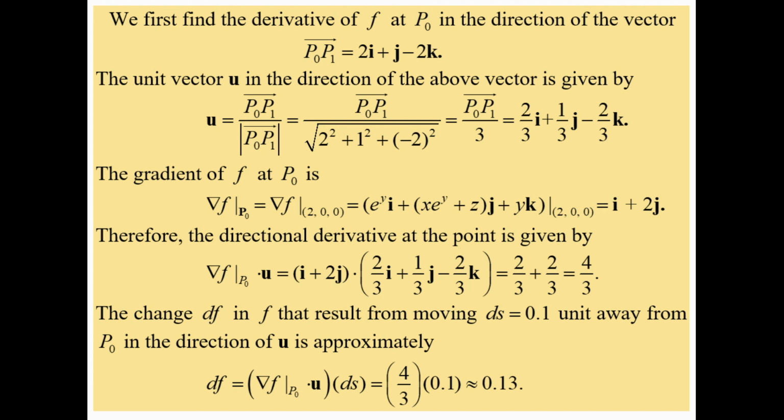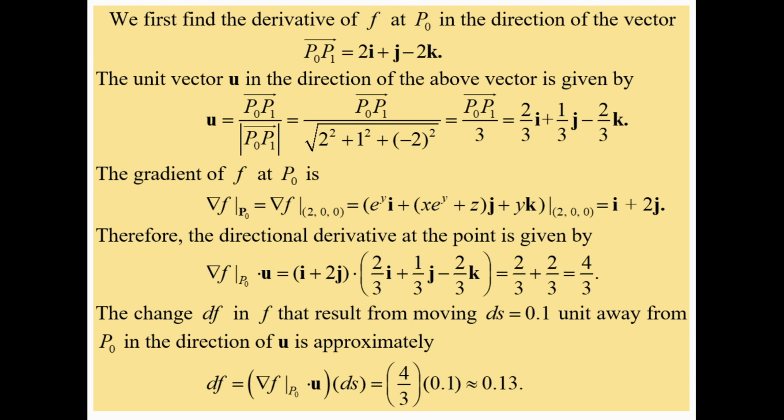We first find the directional derivative of f at p naught in the direction of the vector p naught p1. Here vector p naught p1 is the direction in which we move, and we are asked to find the change in f if we move from p naught to p1 in this direction.